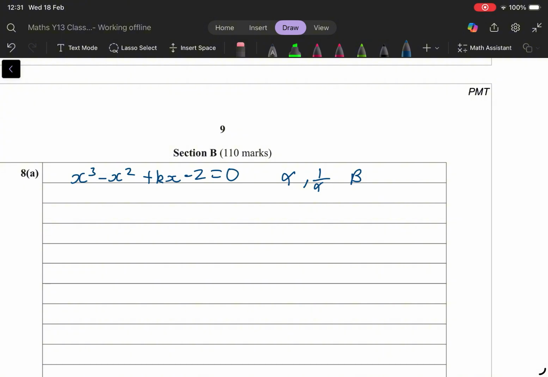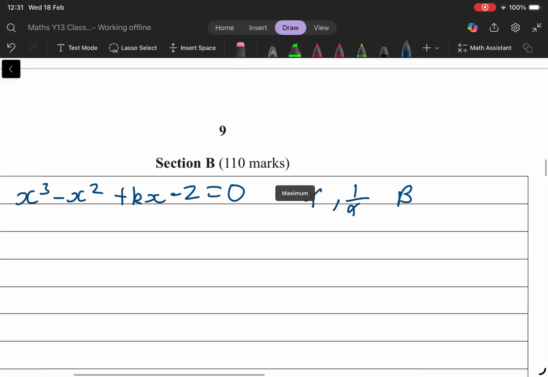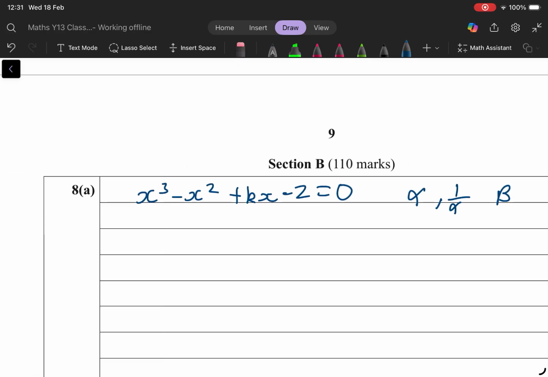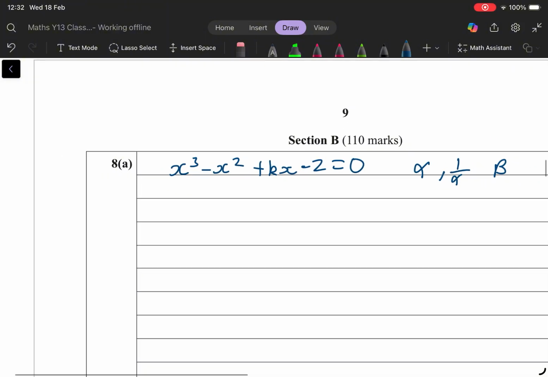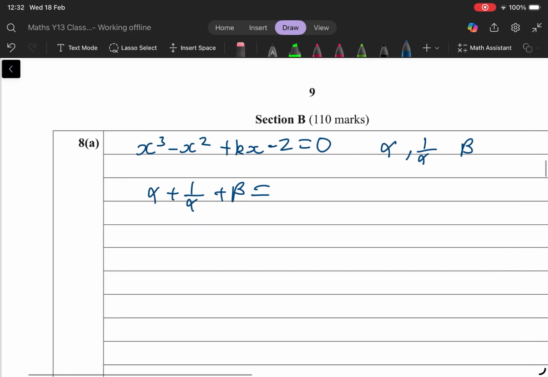So we are obviously going to start off with the sum of the singles, sum of the doubles, and sum of the triples. If you don't know what I mean by that, we basically can say that alpha plus 1 over alpha plus beta, which is the sum of each individual root, is going to be equal to the negative coefficient of the x squared term over the coefficient of the x cubed term, or minus b over a.